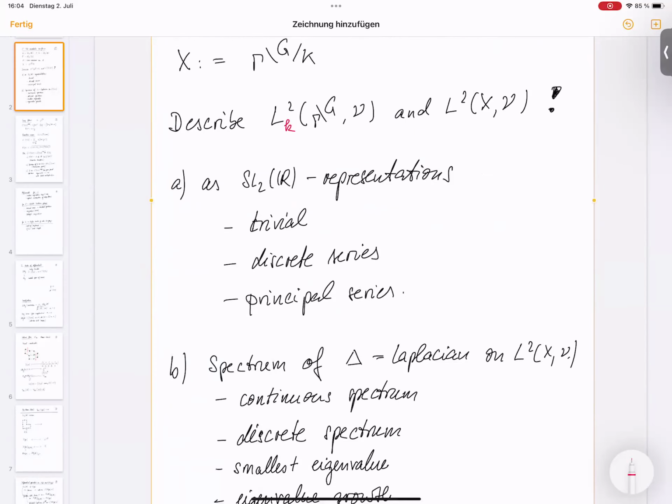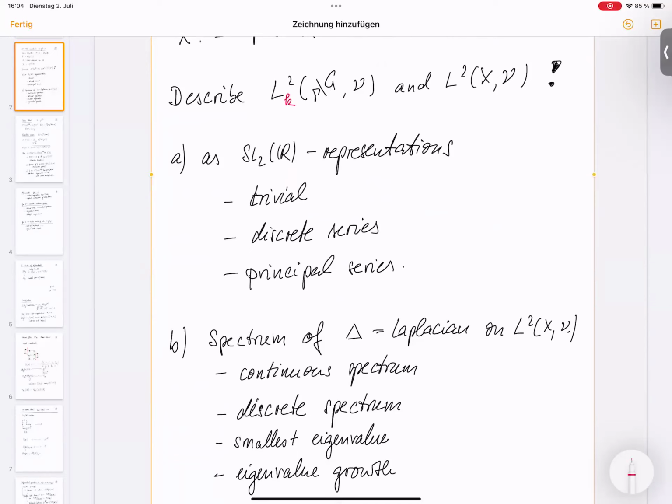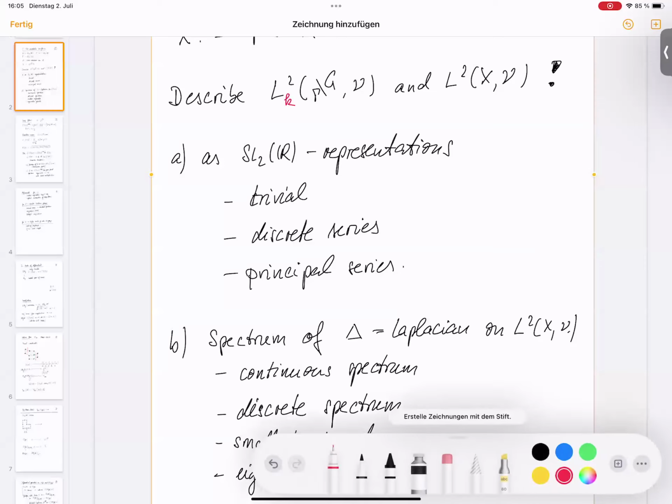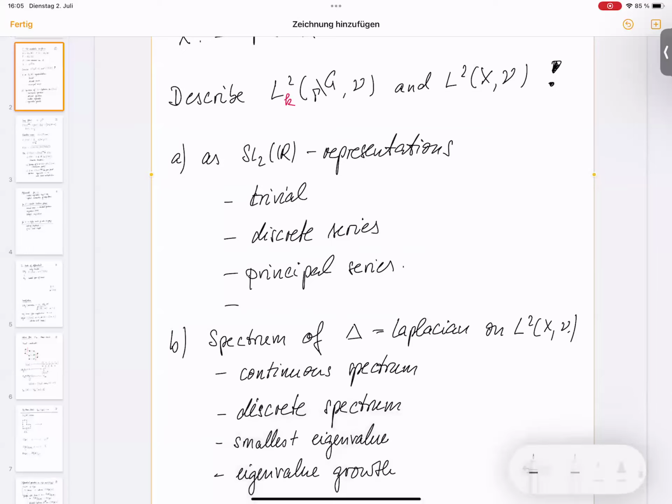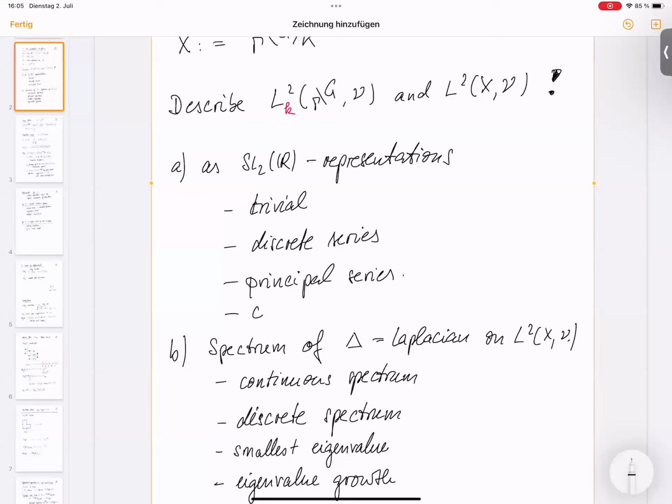So what does it mean to describe? There are two ways to do it. Either, for those who like representation theory, they might want to classify the representations that occur together with multiplicities, and we all know the SL2R representations, except that besides the trivial series, discrete series, and principal series, I forgot the bad guys, the complementary series is also there.